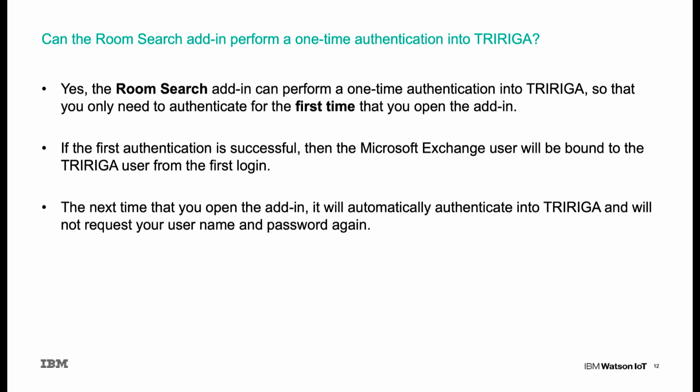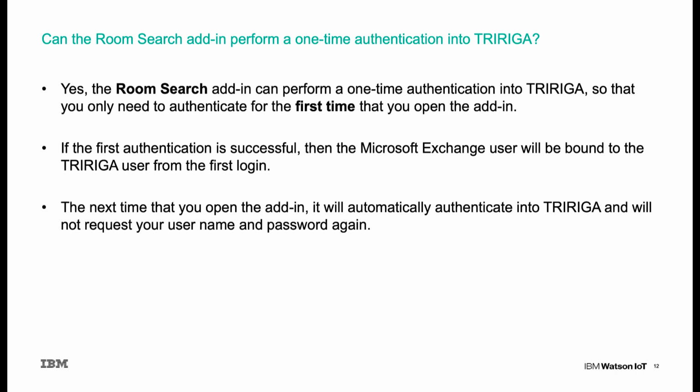During this presentation, I opened the room search add-in, and you noticed that it never asked me for my TRIRIGA user and password. That happened because the add-in can perform a one-time authentication into TRIRIGA. It will request the user and password only the first time you open the add-in.